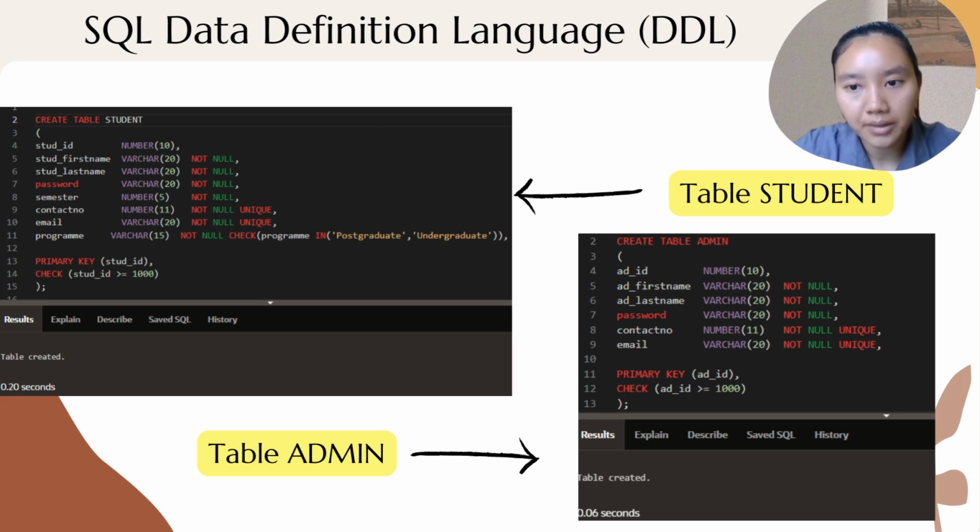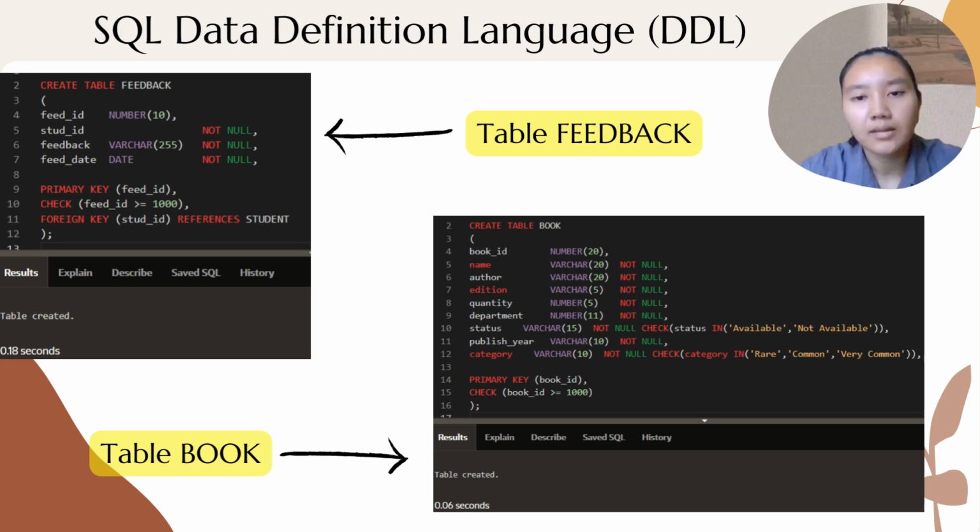For the table admin, we create all the attributes, and the primary key is admin ID, and it can be more than 1000. Next, for the table feedback, we also create all the attributes, and the primary key is feed ID, which is also the same, can be more than 1000. And the foreign key is student ID, referencing the student table.